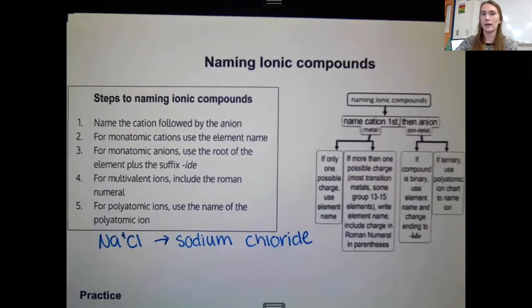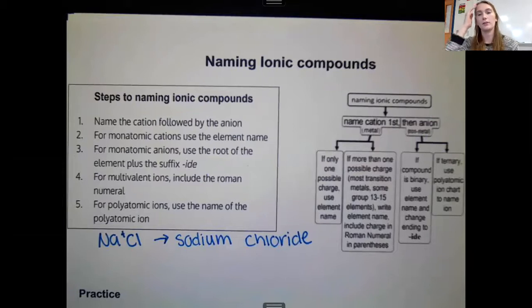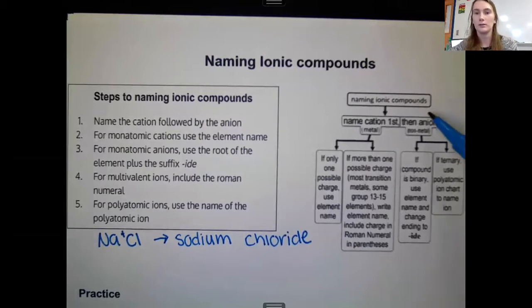This little diagram on the right-hand side explains in a more visual way what you're supposed to do. When naming ionic compounds, it's always the name of your cation first, then your anion, so your metal then your non-metal.